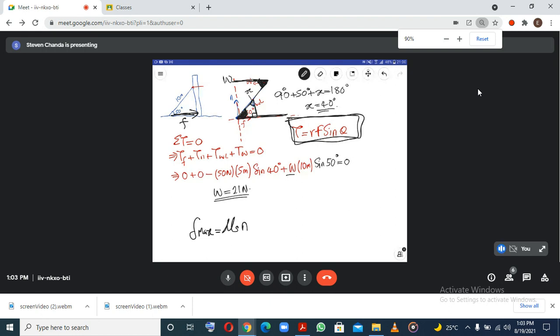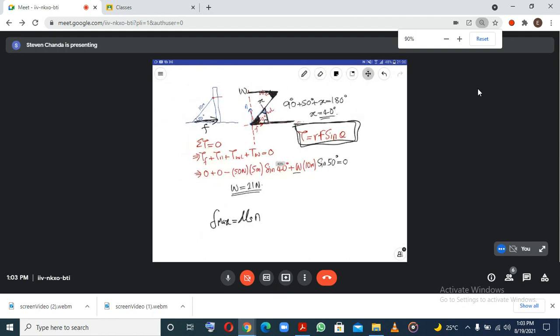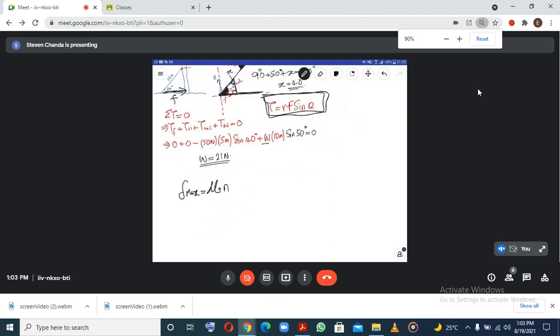Okay, so what this means is that if we are to find the coefficient of static friction, we have to find the normal and also find what the friction is. So we have to find these things.